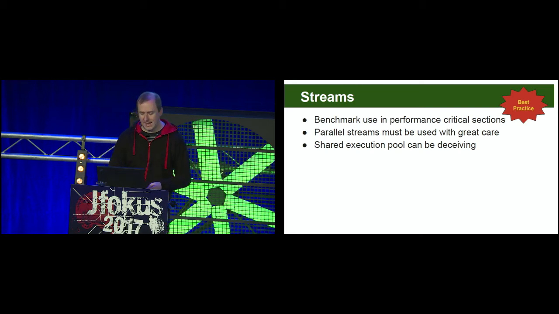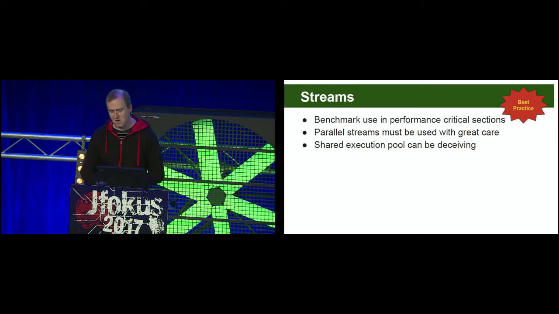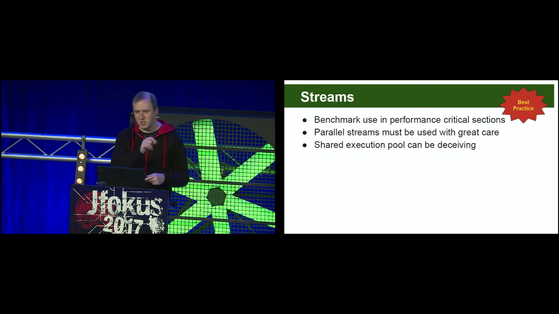Parallel streams, well, it's one of these things that was kind of a nice idea, a nice motif, that you could just switch stream to parallel stream. And if you had a big list, then suddenly things would go faster. But the thing is that that's using a shared execution pool. So if you've got one piece of code over here using parallel stream, and another over here using parallel stream, and a third and a fourth and a fifth, they're actually all sharing that pool.